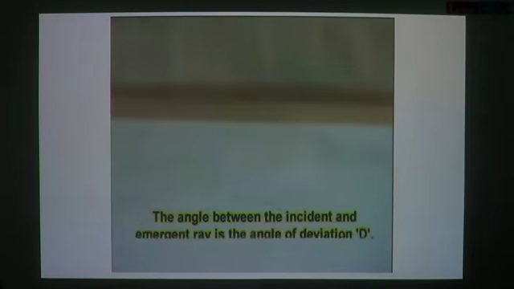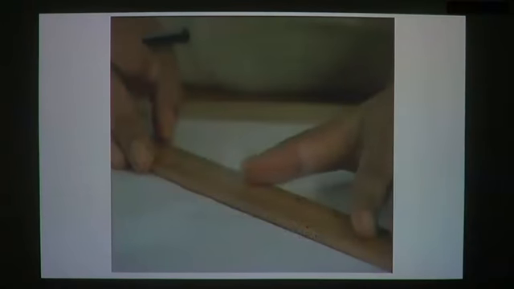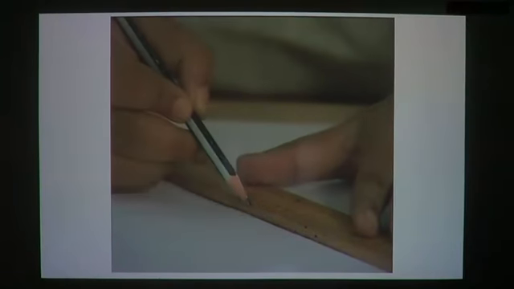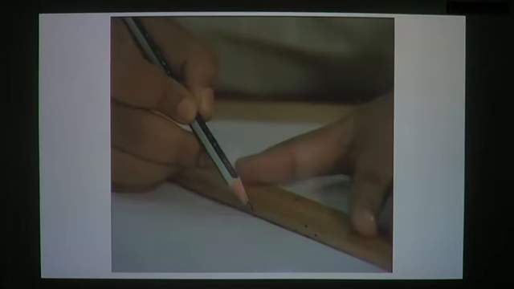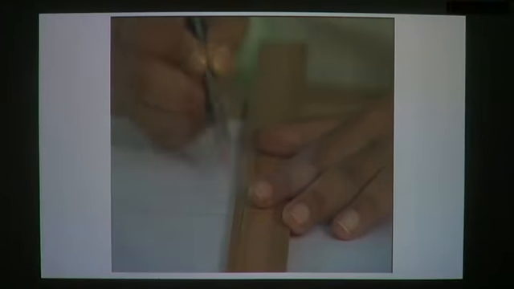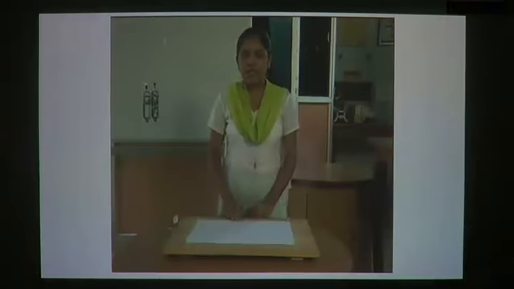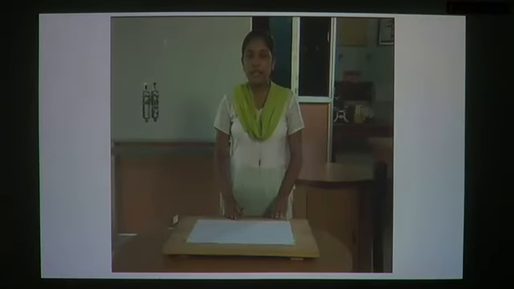The angle between the incident ray and the emergent ray will be the angle of deviation. Extend the incident ray and the emergent ray. The angle formed between the incident ray and the emergent ray is the angle of deviation. This procedure is repeated 3 times.